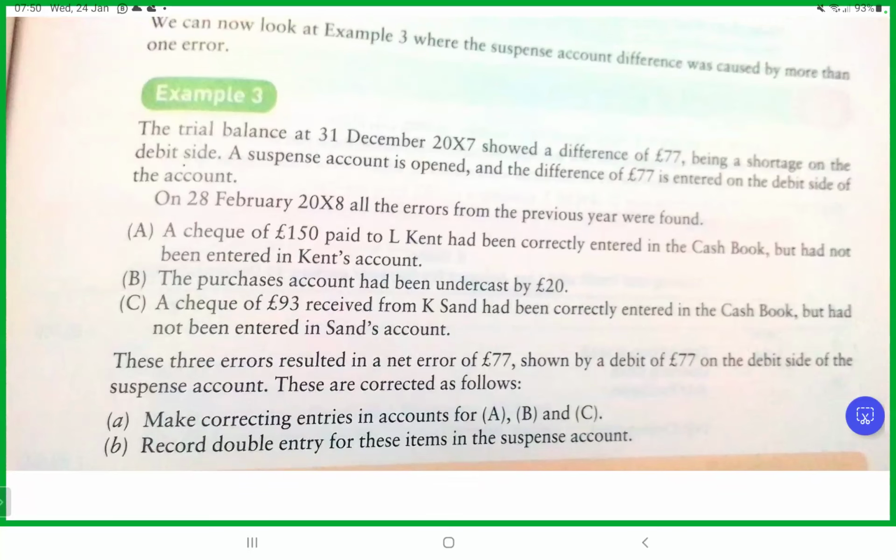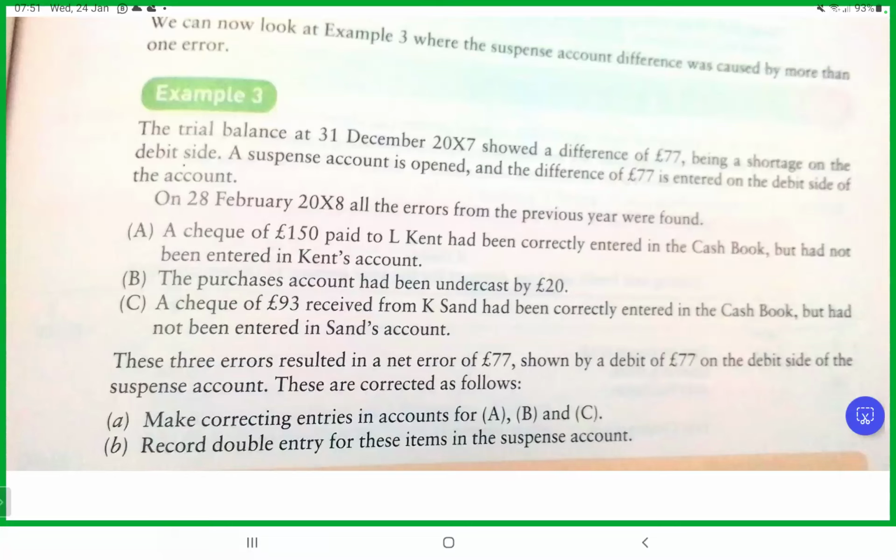Now, what you do, you open a suspense account and then the difference of 77 is entered on the debit side of the account. Where the difference is, that's where you enter. For example, if you find that there is a shortage on the credit side, it means you enter the difference on the credit side of the suspense account.